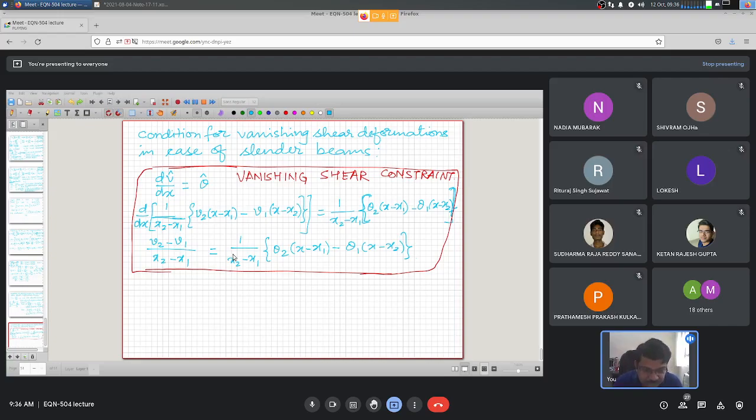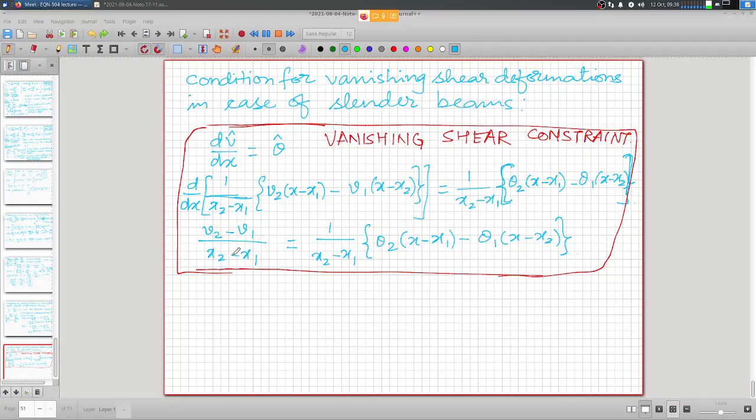But on the right hand side, you have section rotations which are interpolated linearly. So let us work out what this right hand side is going to be.